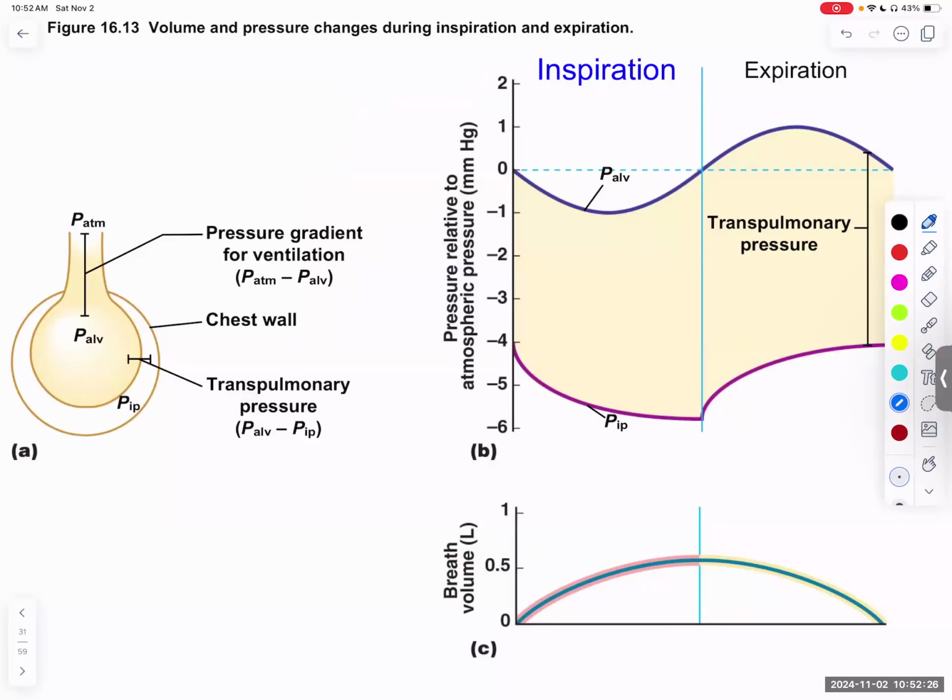If we're looking at this graph-wise, we start off at 0 in the alveoli. If the diaphragm contracts, there's going to be a pressure change where alveolar pressure is 1 millimeter of mercury less than atmospheric pressure. So air flows into alveoli.